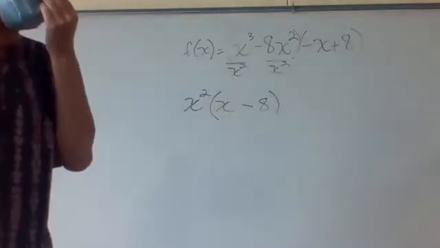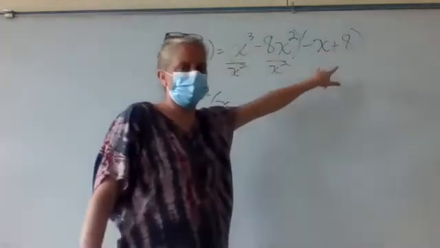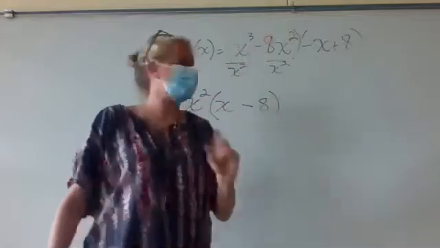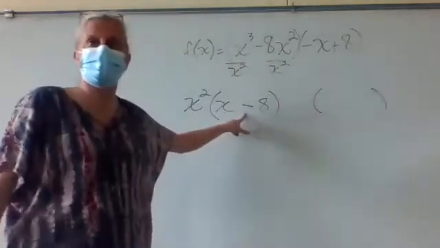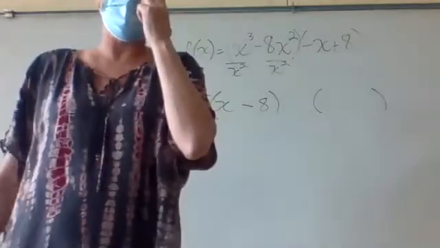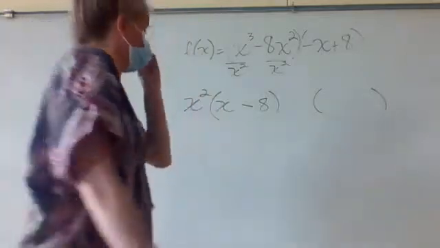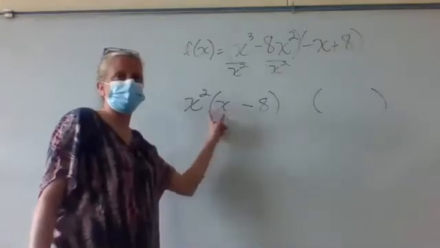Now I want to pull what's in common out of my second group. When I'm looking at this, I don't really see anything in common. Now, when you are factoring by grouping, you're going to want this second parentheses to match this first parentheses because that's going to be one of your factors. What's wrong with this one? It has a negative x plus 8, but it needs to be the opposite of that.